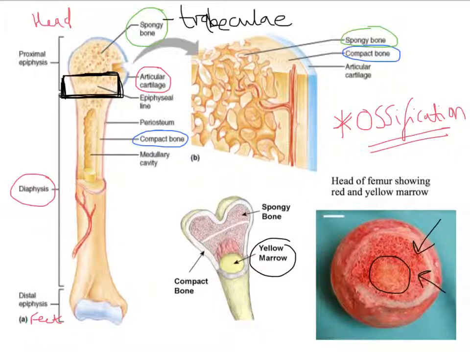Now, a question that often gets asked is the function of that red marrow. Red bone marrow contains cells called hematopoietic cells, and they are the ones that create new blood cells. So the red marrow is where we get the formation of our red blood cells, and that's why it's really important to mention.